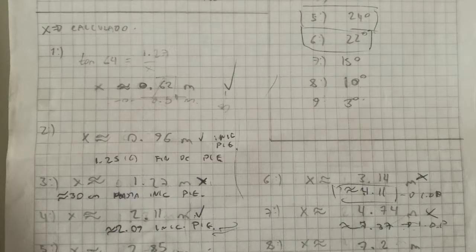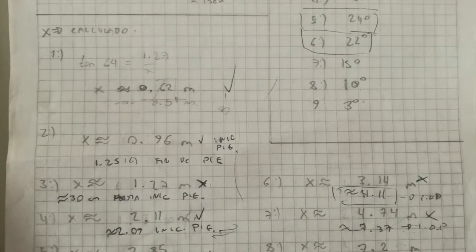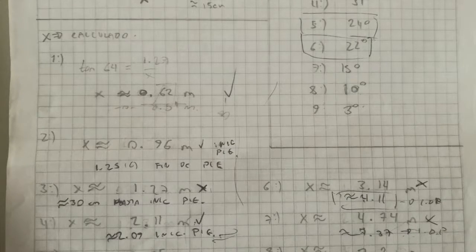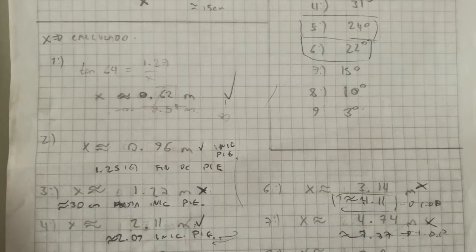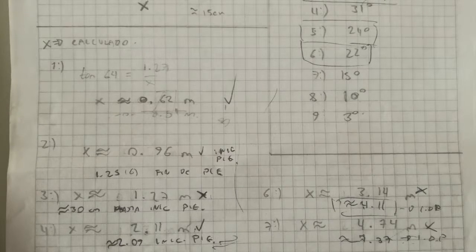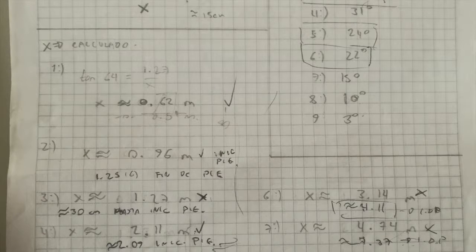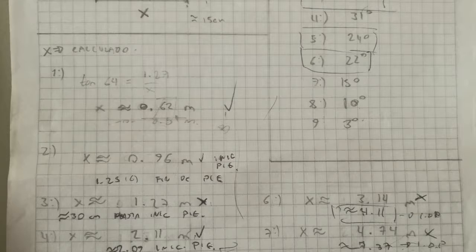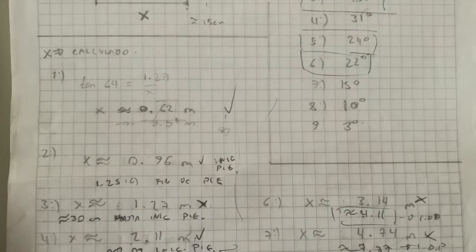And for the last 7th, 8th, and 9th angles, the wider angles, we didn't have room in the classroom to do the complete triangle because they were really big. So we estimated with calculations, and we made our estimations of where the shooter should have been, and we got great results.